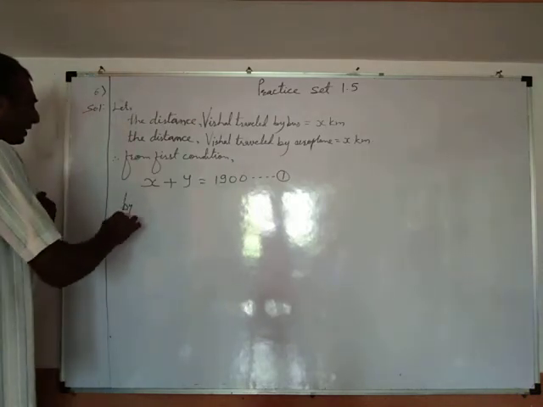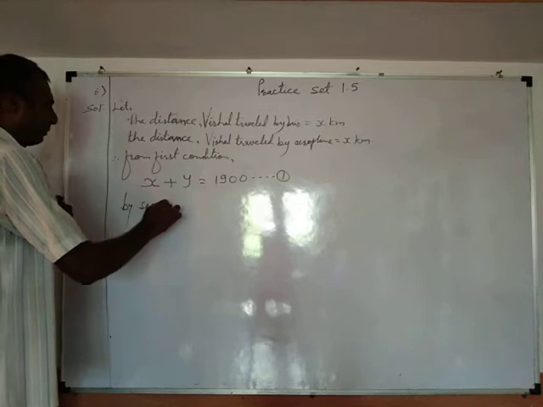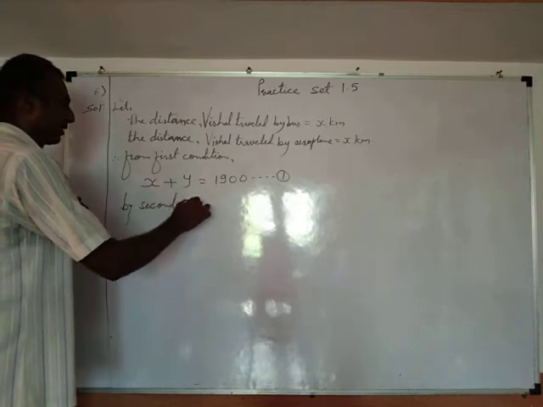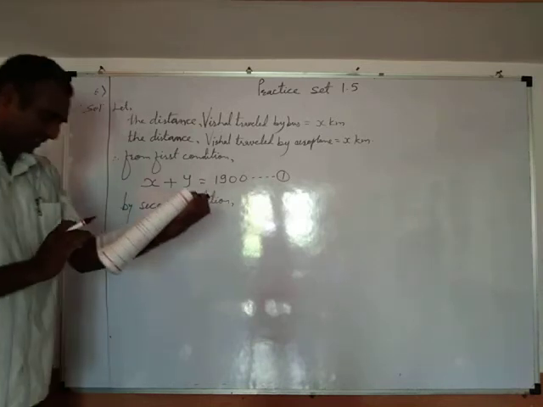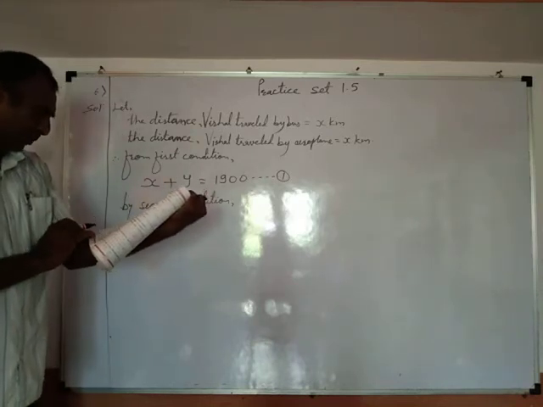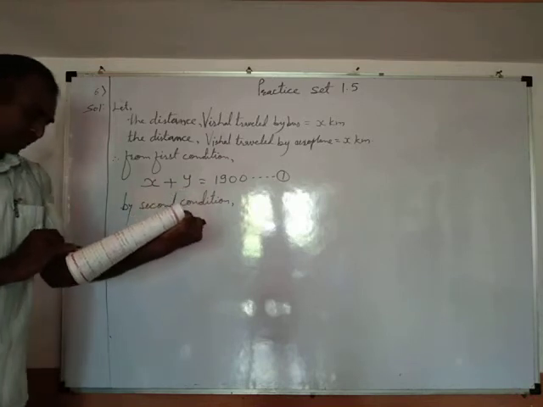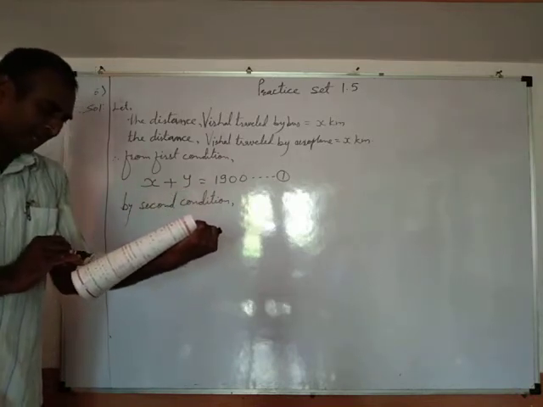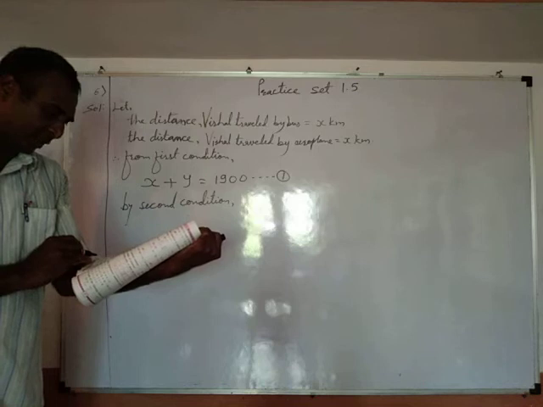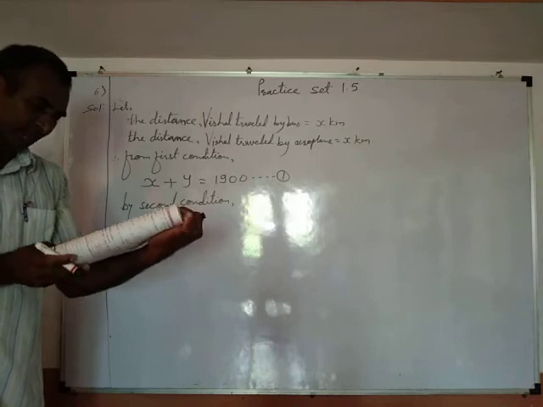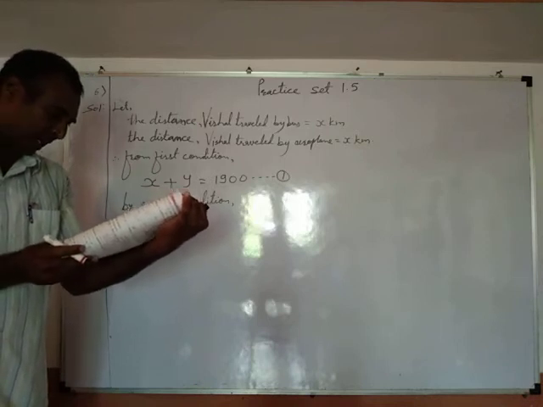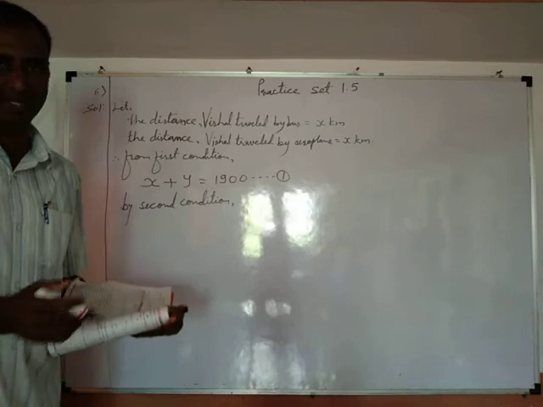By the second condition, what is the second condition? It tells us the bus travels with an average speed of 60 km per hour and the average speed of aeroplane is 700 km per hour. It takes 5 hours to complete the journey. Find the distance we shall travel by bus.